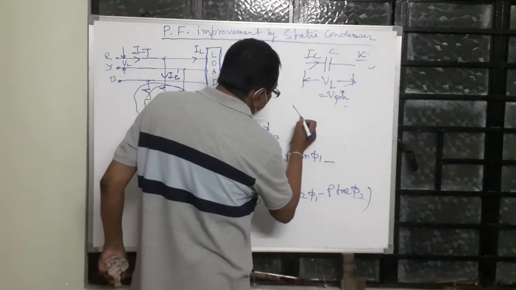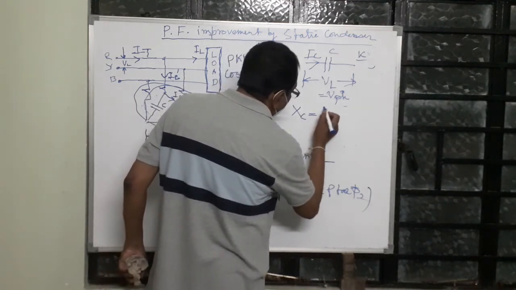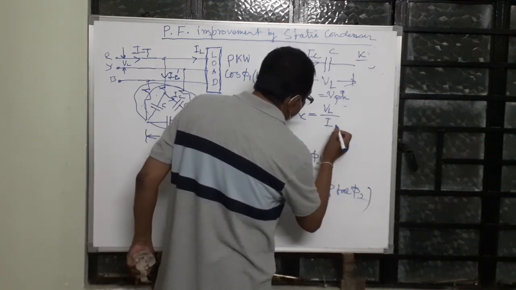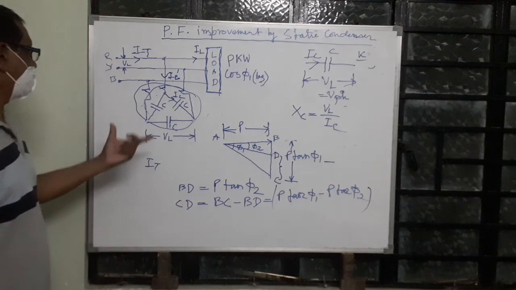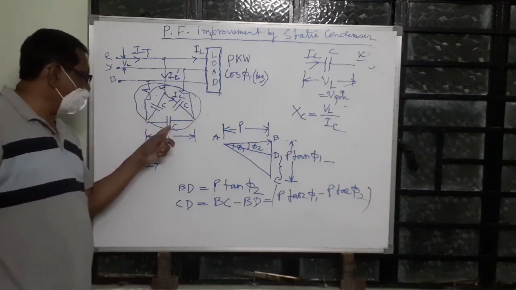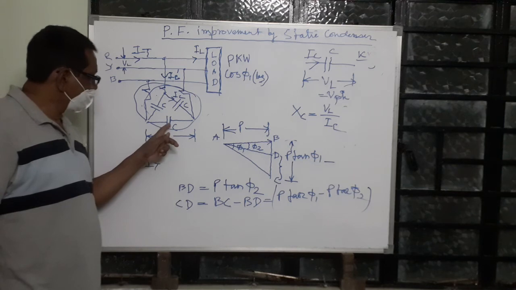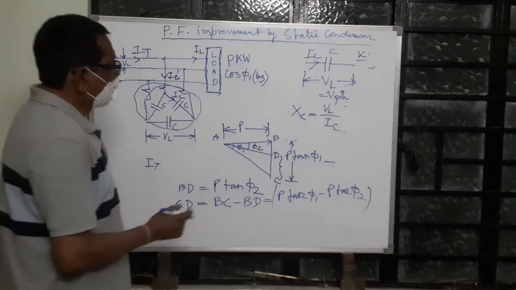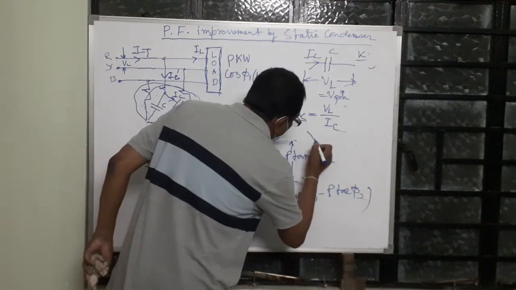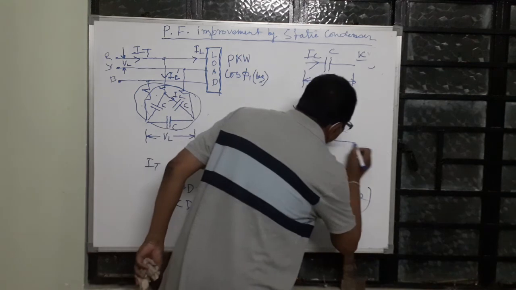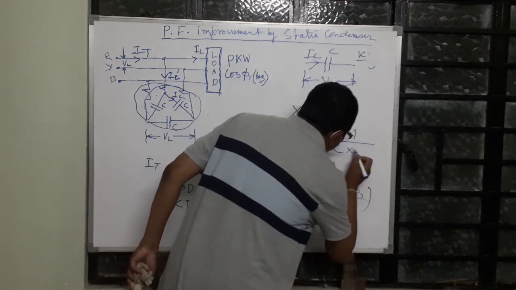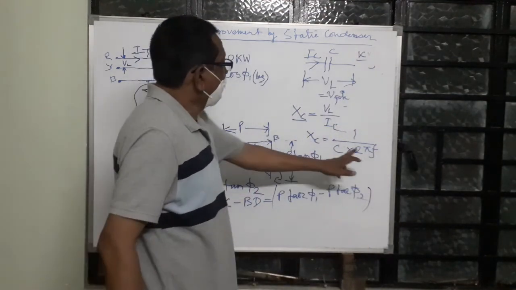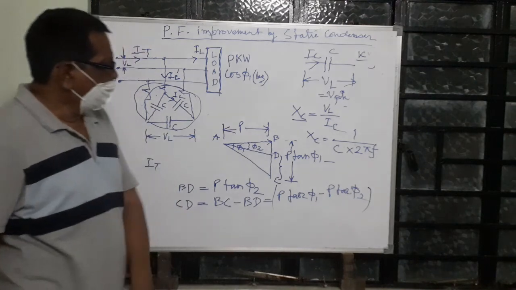So XC equals VL divided by IC. XC is the capacitive reactance of each capacitor. We know XC equals 1 by 2 pi F C. The normal frequency F is 50 hertz.